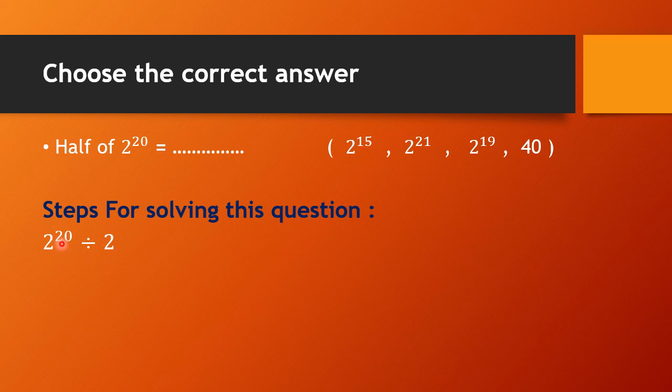We have 2 power 20 and he wants half of this number, so we will divide this number by 2. We can notice that the bases are the same and this is a division operation. We will bring the same base and subtract the powers. It will be 2 power 20 minus 1, equal to 2 power 19.